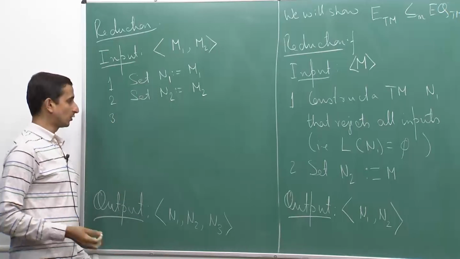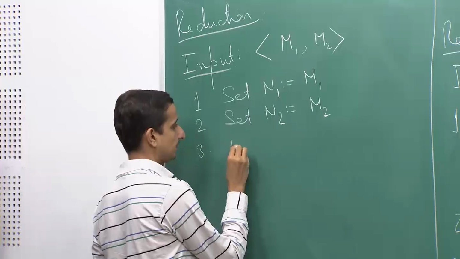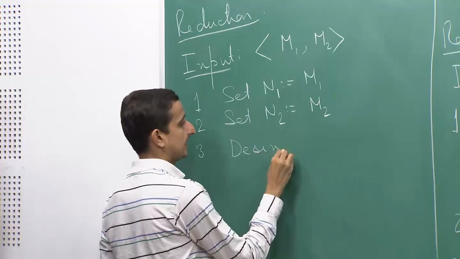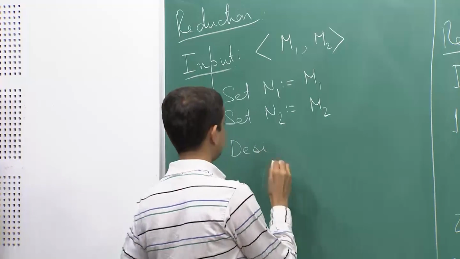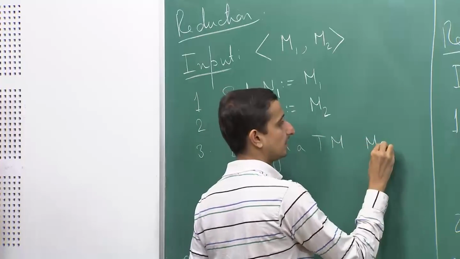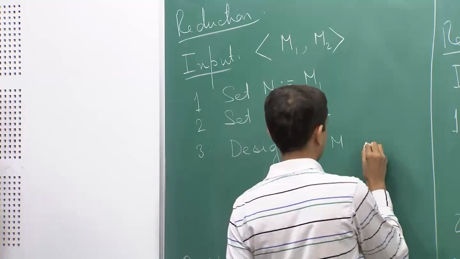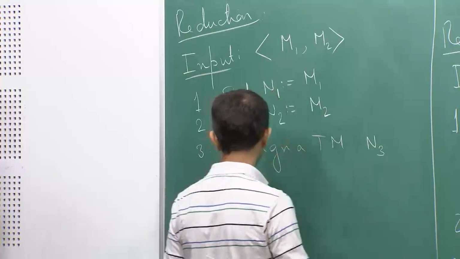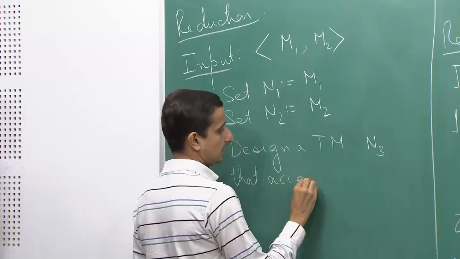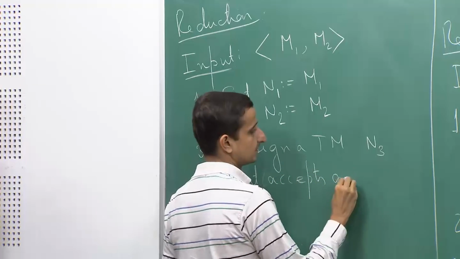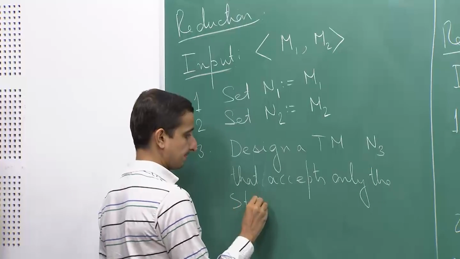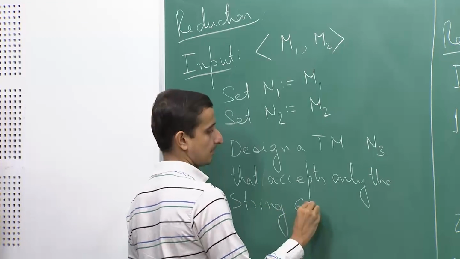And for M3 what we will do is that, so design a Turing machine N3 that accepts only the string epsilon.